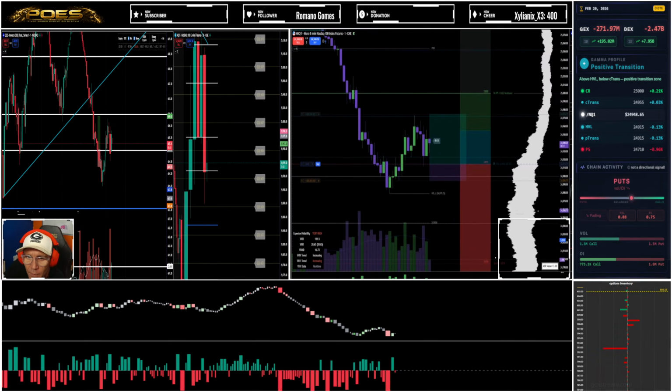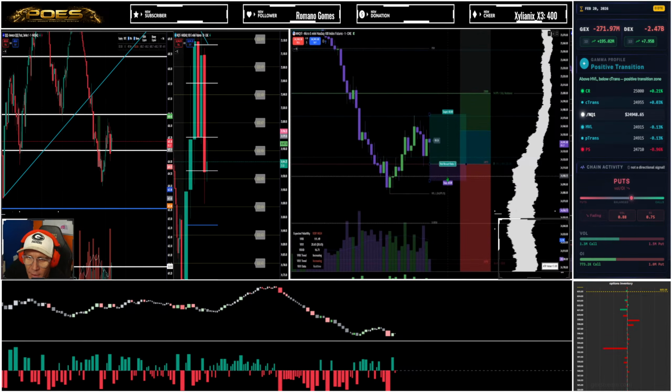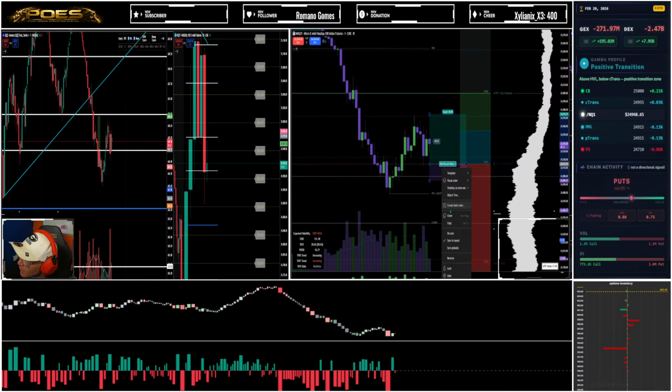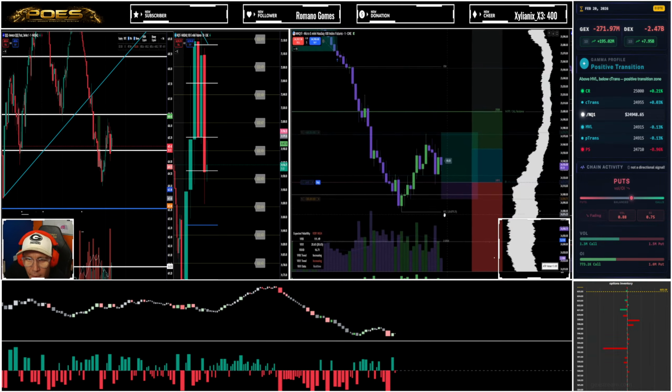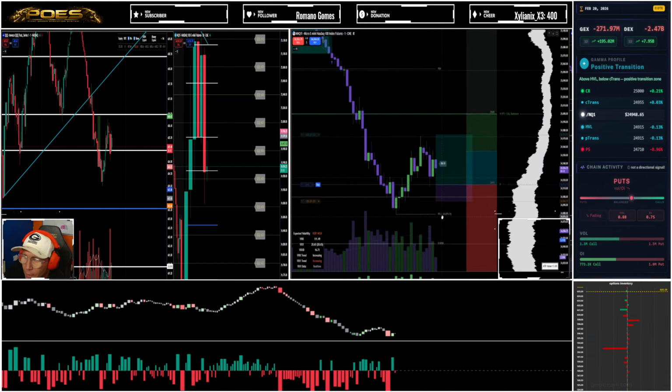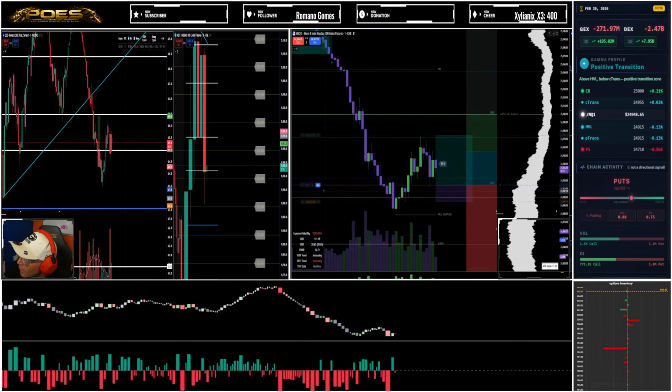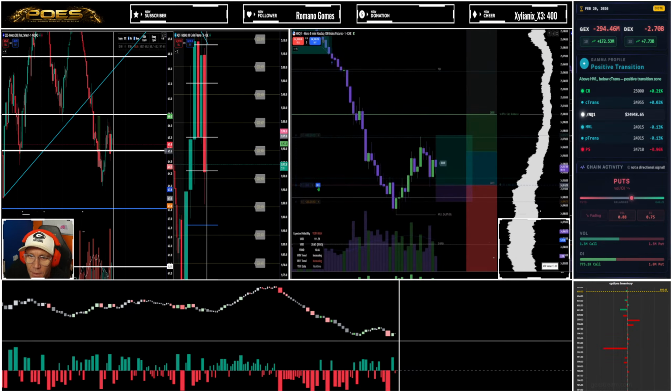Very thin. 30 minutes, sorry, 30 seconds. Please close bearish like that. Please close bearish like that. Even better. Just these huge sells, man.